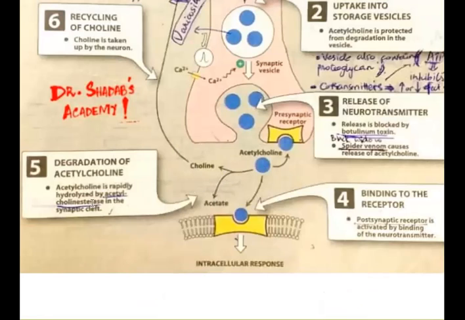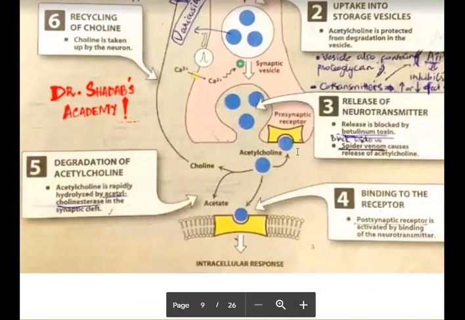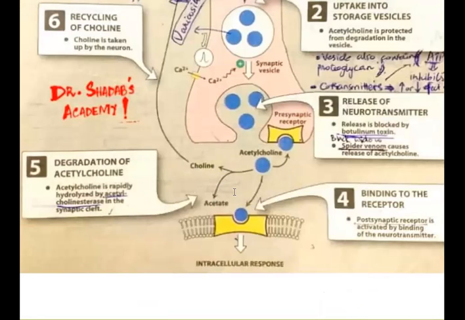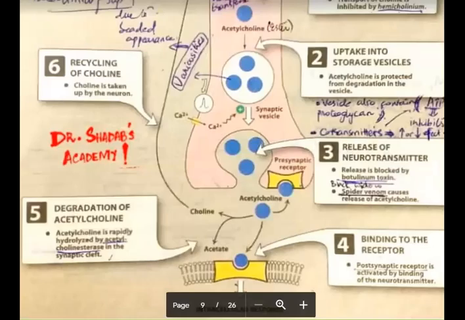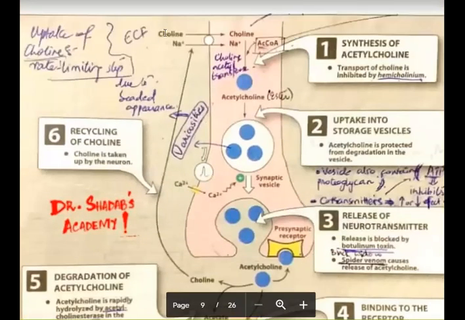It is also written in this box. So this acetylcholine is hydrolyzed into its two components, that is acetate and choline. Okay, so this choline goes back up into the extracellular fluid, and then it enters here again.